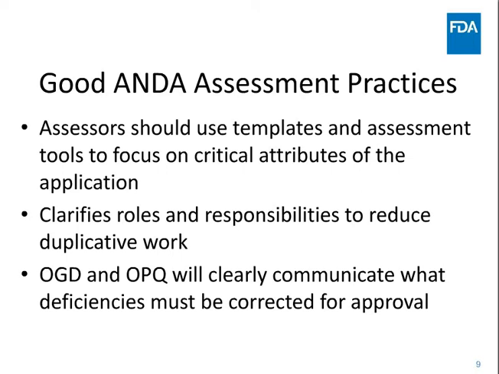It further makes our internal process more efficient by clarifying the roles and responsibilities of primary assessors, secondary assessors, and division directors to reduce any duplicative work and any unnecessary work.